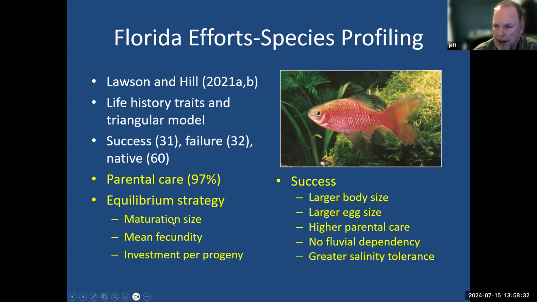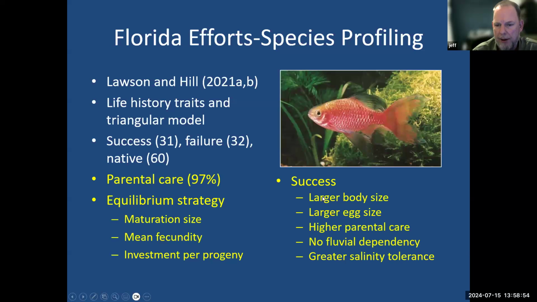So they're not small, they're not big, they're sort of in the middle. Mean fecundity is relatively low, but investment per progeny is high. So these are species that have parental care and put a lot of investment into each individual. So they have high survivorship. So you'll see some examples here in a second.